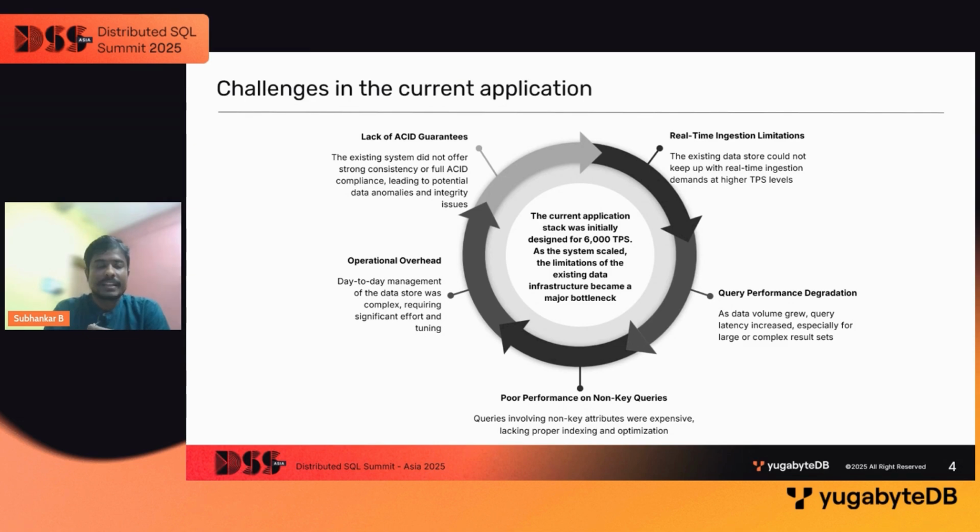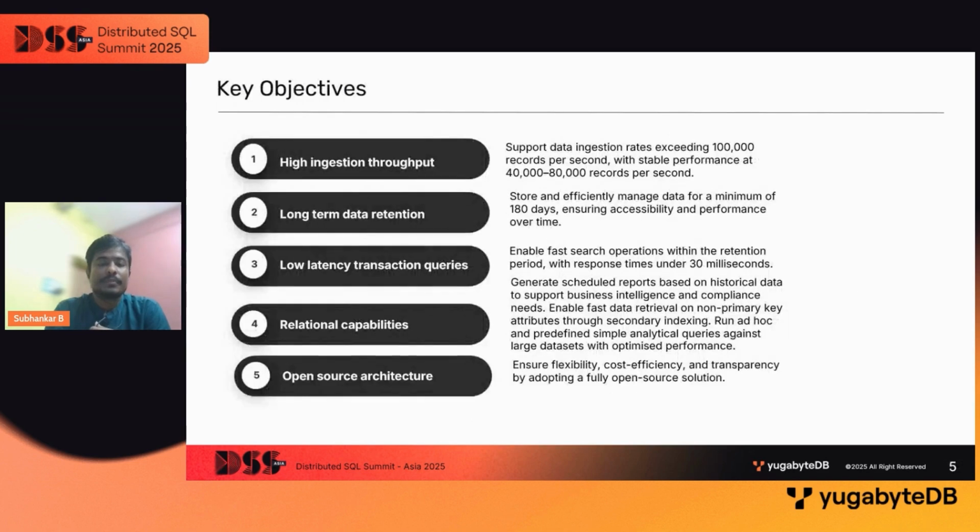And it didn't have any ACID guarantees. Also, we had a few Postgres related queries which we had to run to generate a few analytical and reporting queries. So we had to bring in another application on top of that so that we could run all these queries. Which led us to an improvement at the DB stack.